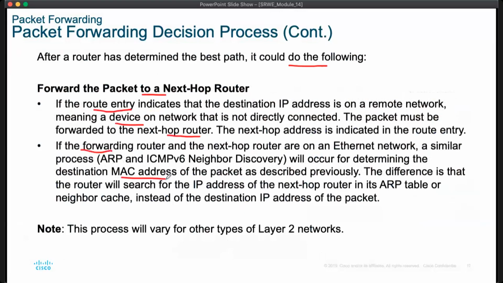The difference is that the router will search for the IP address of the next hop router in its ARP table or neighbor cache instead of the destination IP address of the packet. Note this process will vary for other types of layer 2 networks.